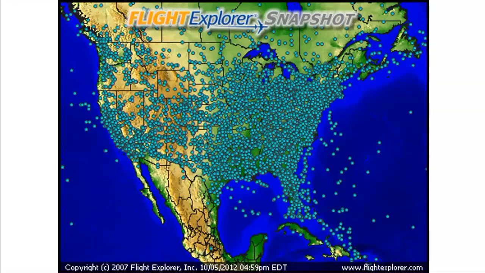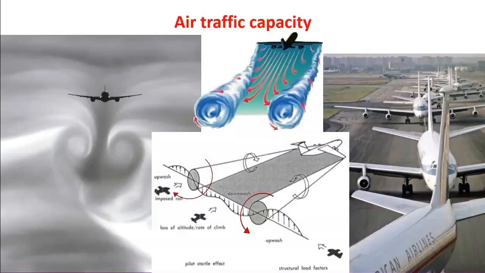So I will start with some examples. Here we see the wake of an airplane, and as we all know, the wake is dominated by two counter-rotating vortices. These are very large vortices behind the airplane, and they can be a hazard to an airplane flying behind because they can induce roll and even affect the flying of airplanes behind.